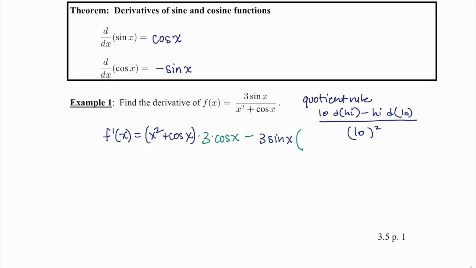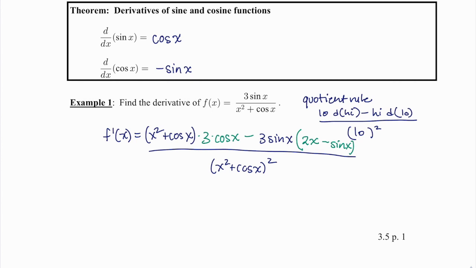And the denominator, low, is the sum of two terms. So I want the derivative of the first term plus the derivative of the second term. The derivative of the second term would be negative sine x, so I'm going to write minus sine x. And then divided by low squared, so divided by x squared plus cosine x squared.